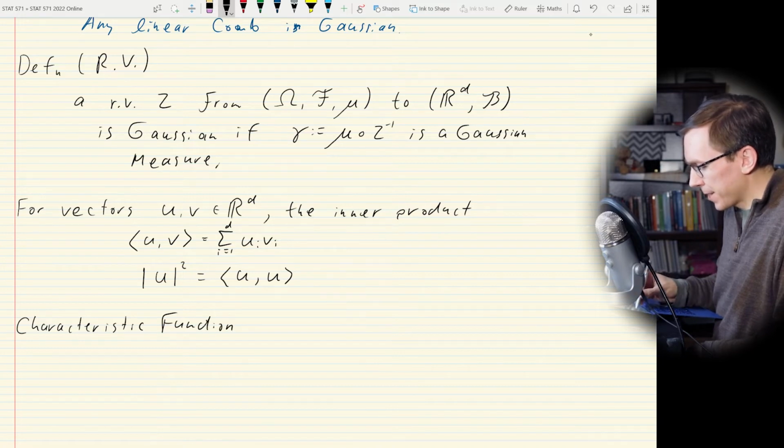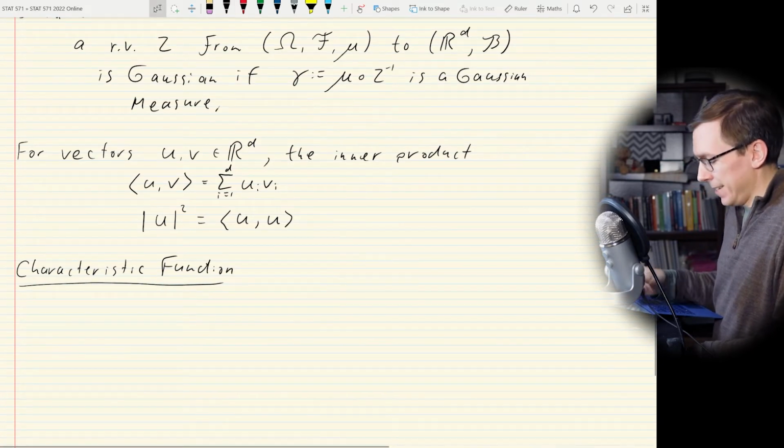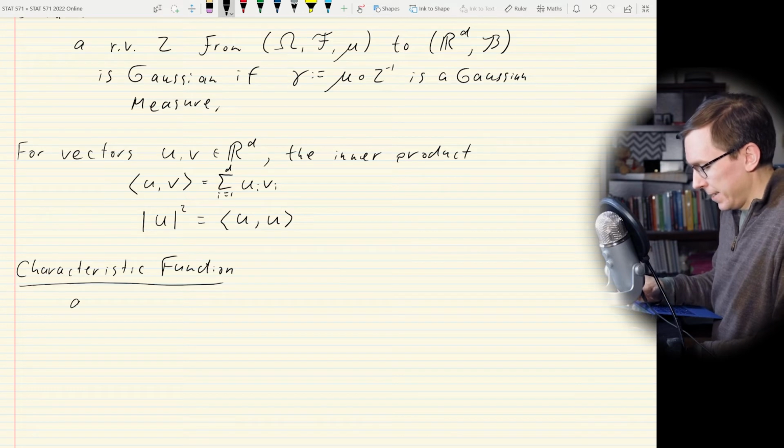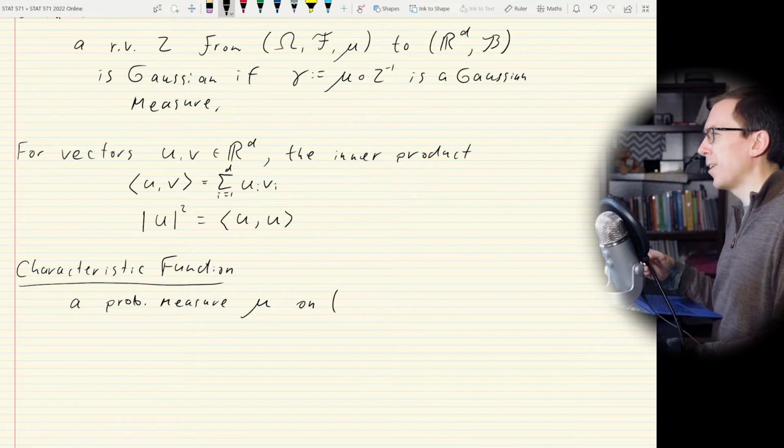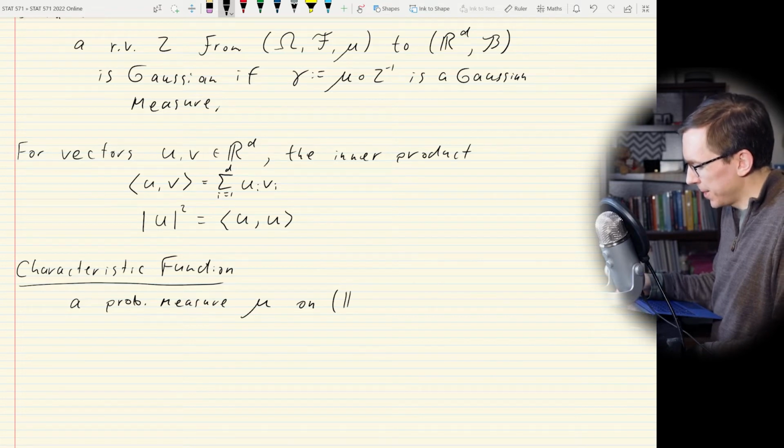So we need the characteristic function, and the idea is that a probability measure mu on... I guess we'll just do it this way.